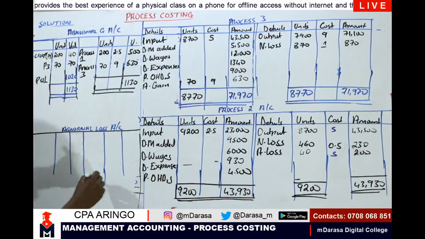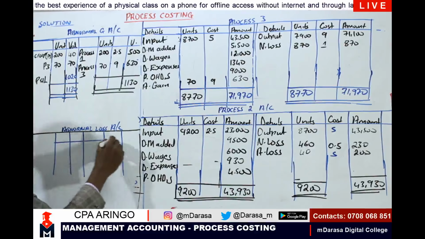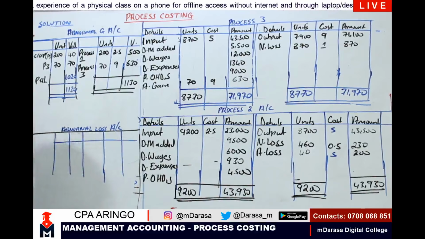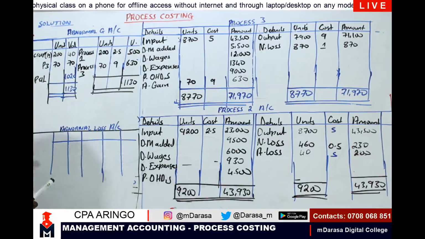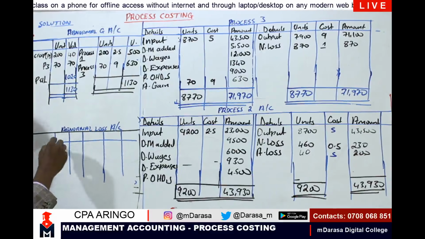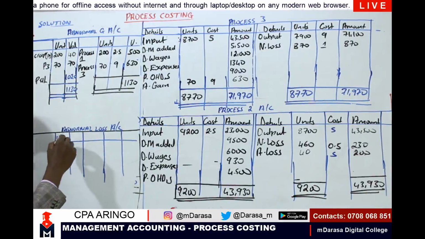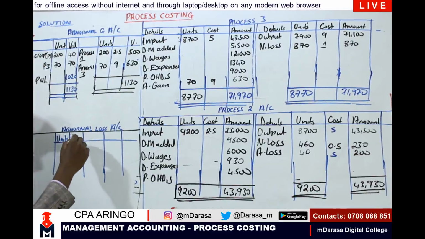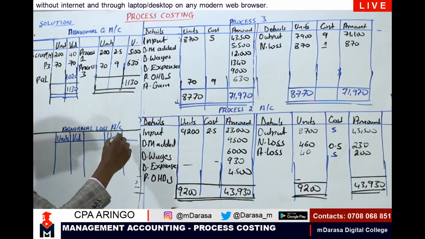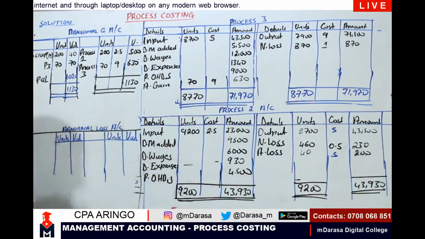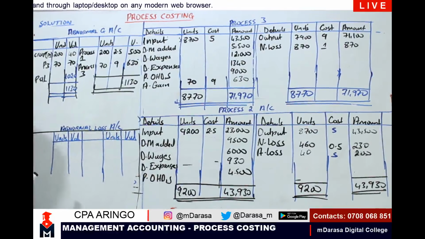Ideally we talk of only two components: our units and value. So for the abnormal loss account, the same procedure.